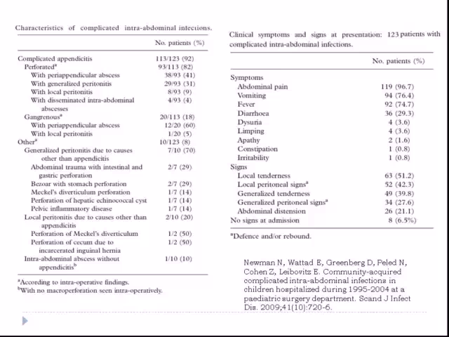And as you can see, 92% of those cases here were some form of a complicated appendicitis, perforated or otherwise. So, you can see abscesses down here, including peritonitis, another complication. Right there, the other 10 out of 123 were different, other things.